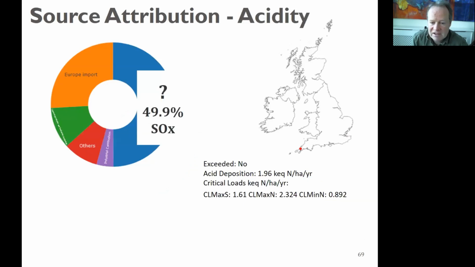Next slide. Right, this is sulfur. This is a sulfur pie way down in the southwest of England. It's not exceeded for acidity. It's got quite a high sulfur. What's coming here? Shipping, vehicles, shipping. So let's click international shipping and click once more.